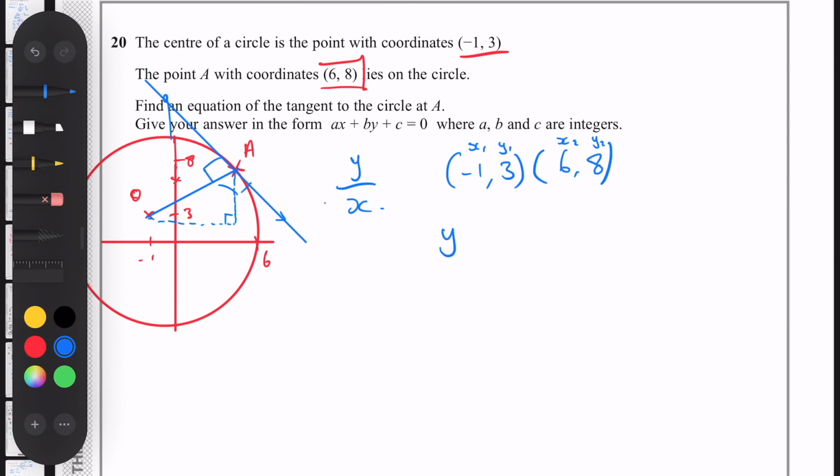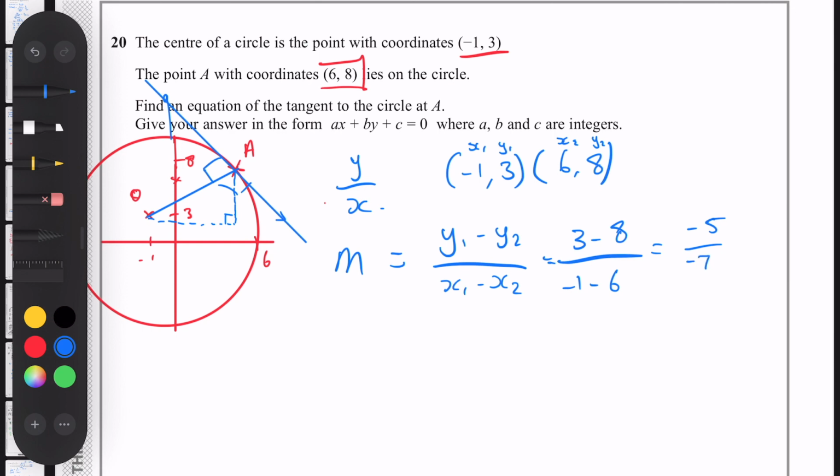It goes y1 minus y2 all over x1 minus x2, and then that gives us our gradient, which the symbol is m for this one. 3 minus 8 over -1 minus 6. 3 minus 8 is -5, and -1 minus 6 is -7, and two negatives divided by each other is a positive, so that's 5/7. So that's the gradient of the radius.